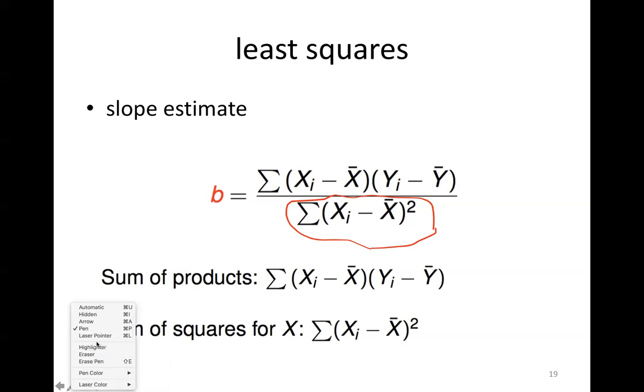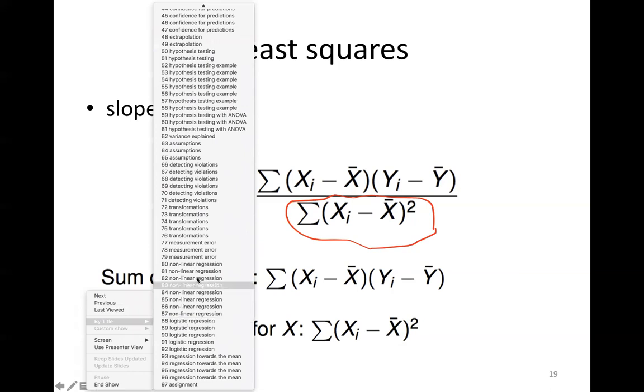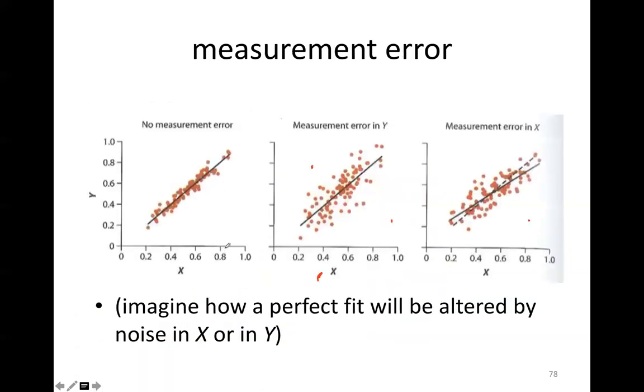And so, give me a second. Let me go back to a slide here. Yeah. If we have noise on the x, noise on both sides, it will make the slope weaker and weaker.